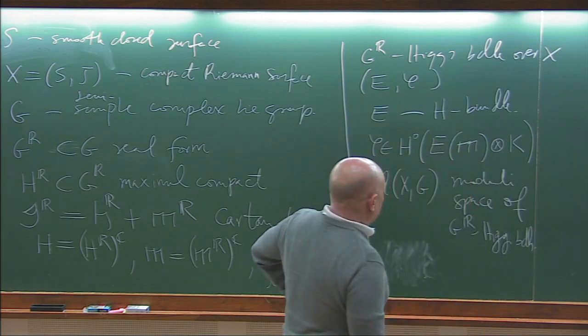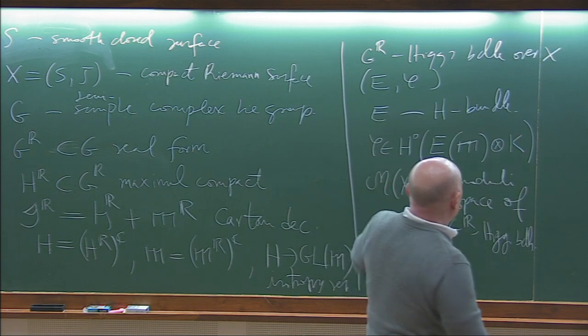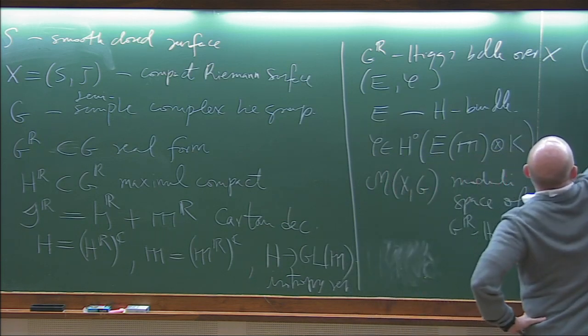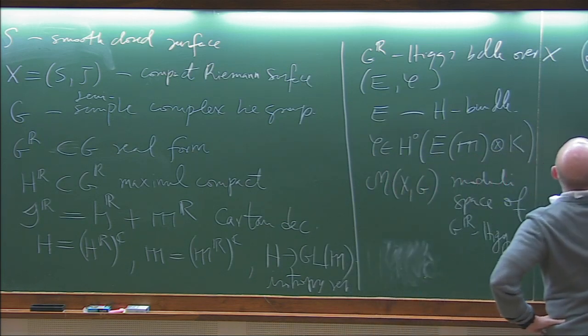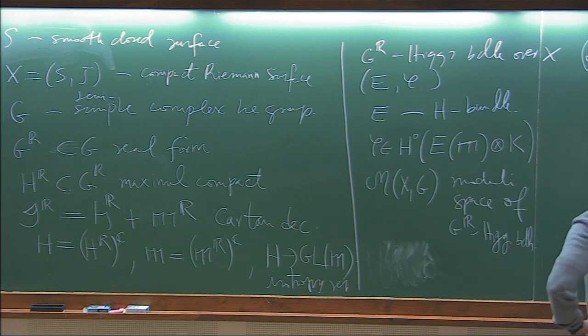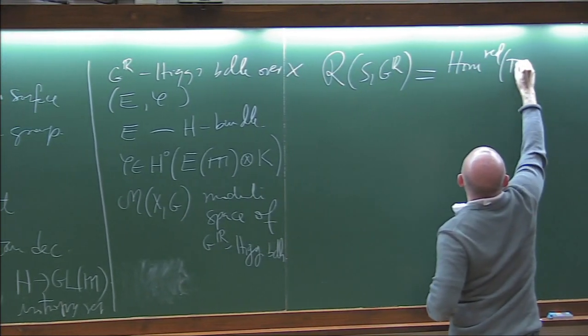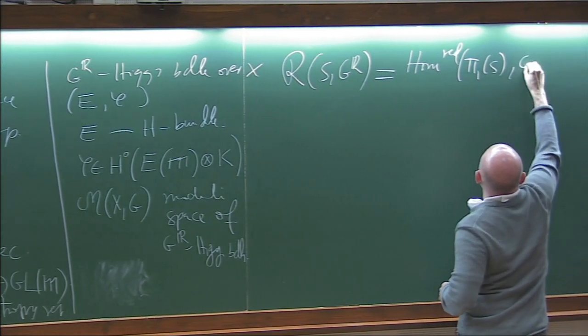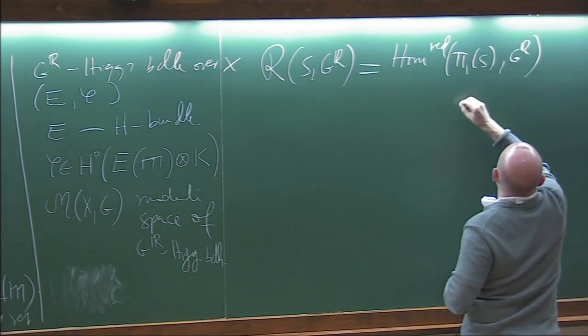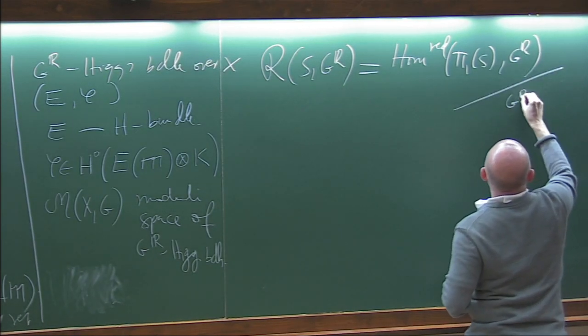And so remember that we have the moduli space of representations that I denoted by R(S, GR). This is just the reductive homomorphisms from the fundamental group of S to GR, up to conjugacy classes, right?